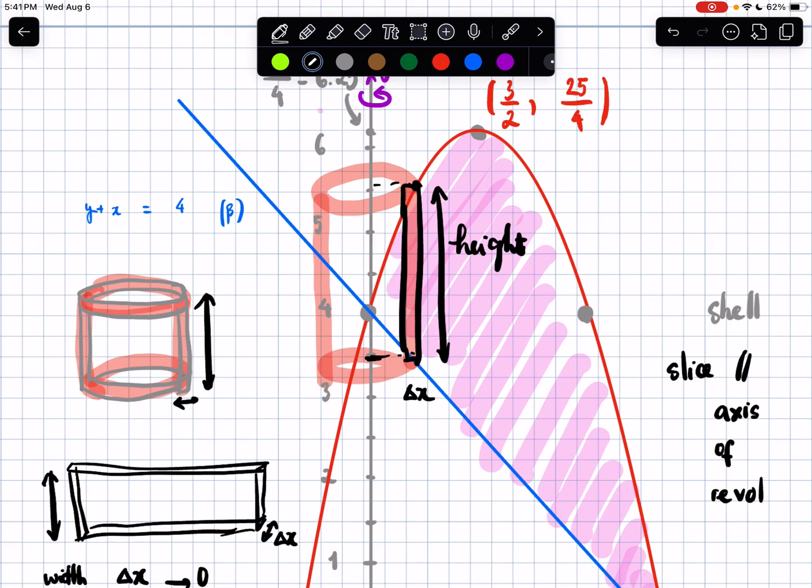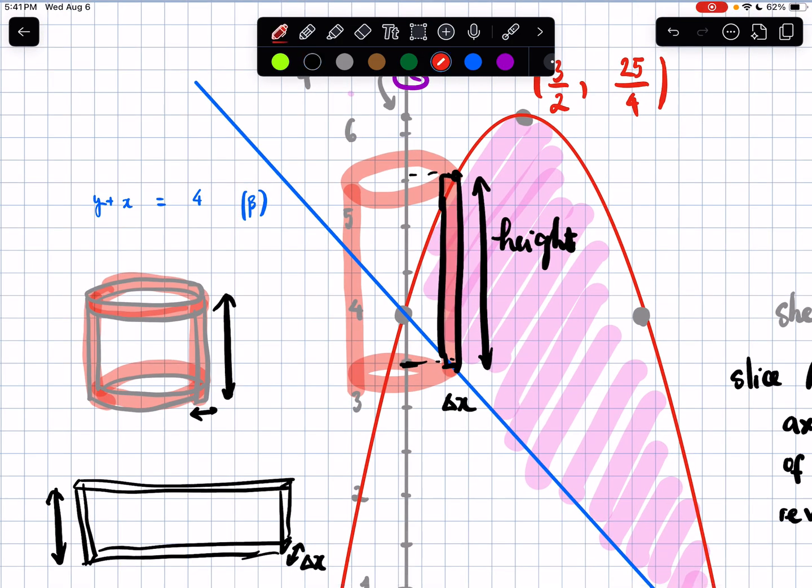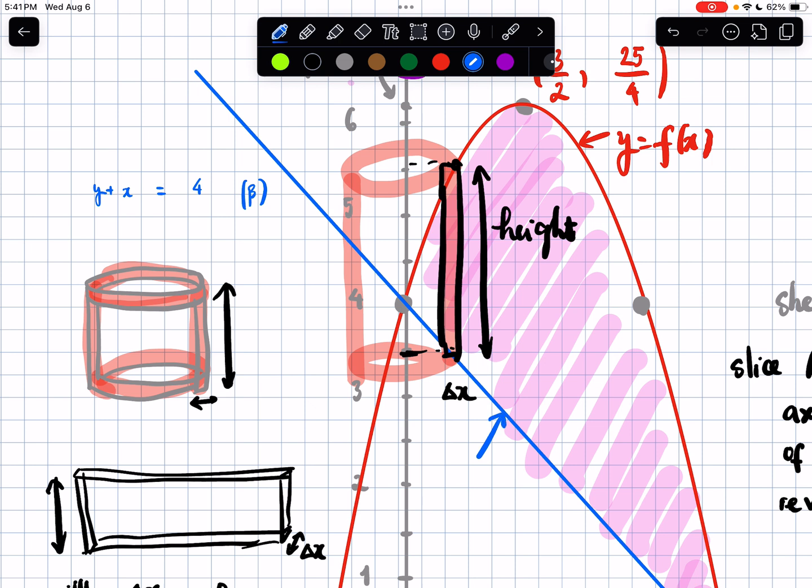Assume in the general case, this one is y equal to f of x and the blue curve is y equal to g of x. Then the height is, for each value of x, we have f of x here and g of x there, so this is f of x minus g of x.